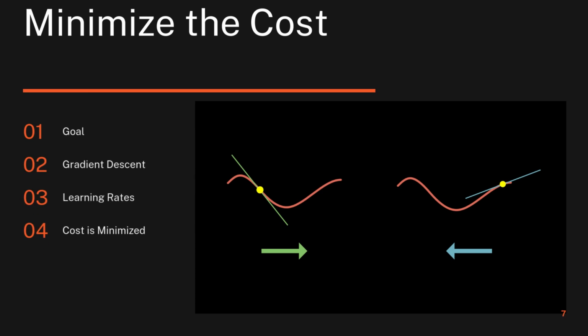So once we have the cost function, the network's goal is to reduce the score over time. This is done by using a method called gradient descent. And so we can use this image right here to visualize what we're doing. The little yellow circle is a ball rolling down a hill, and the cost function is the hill itself.